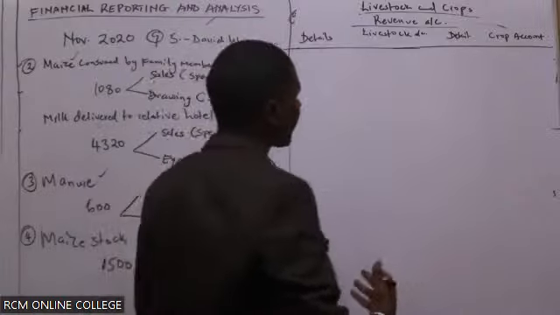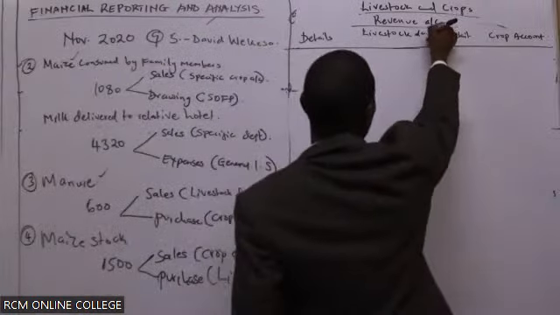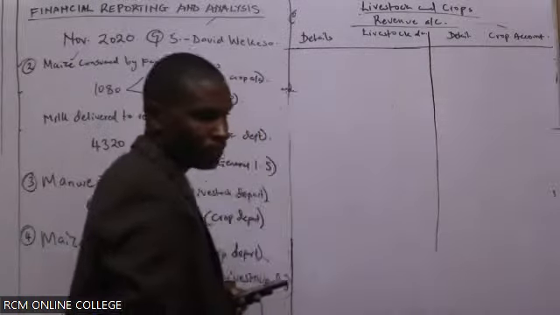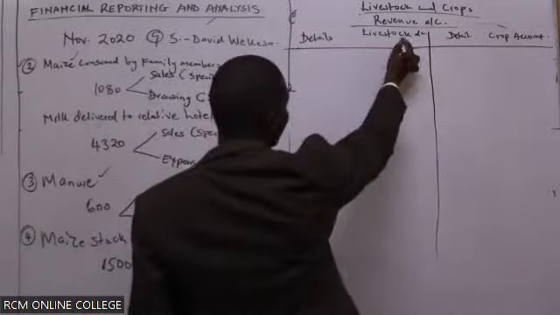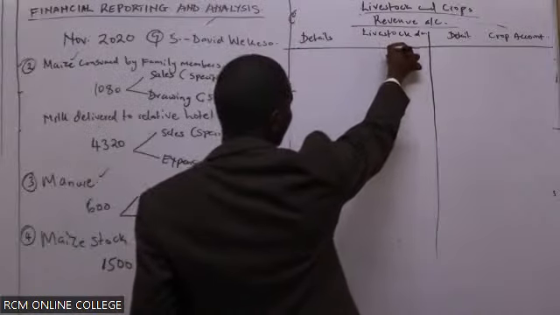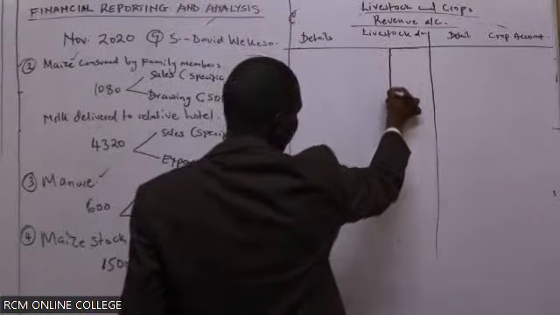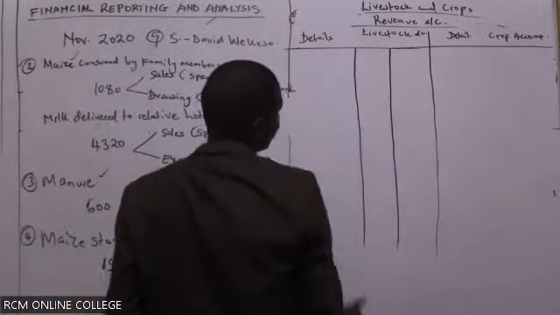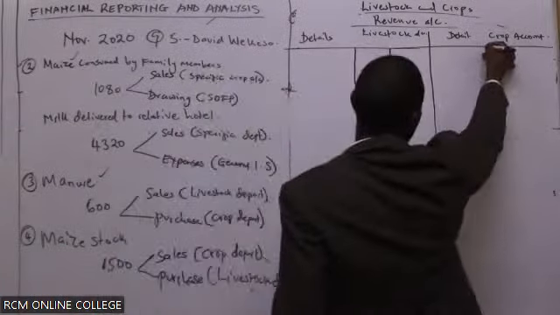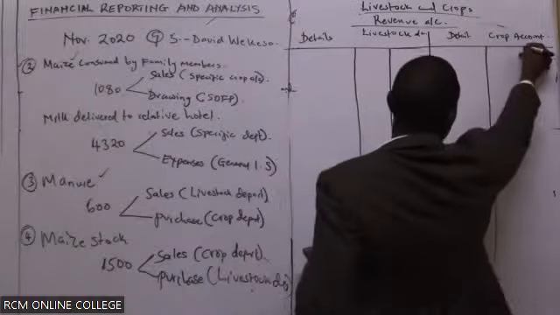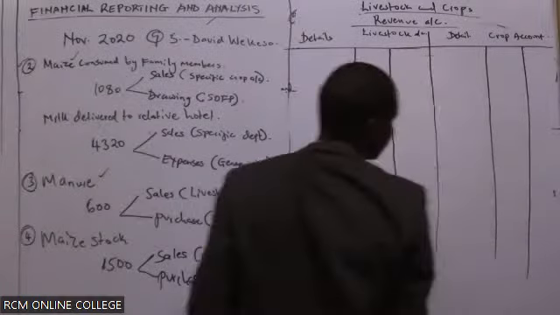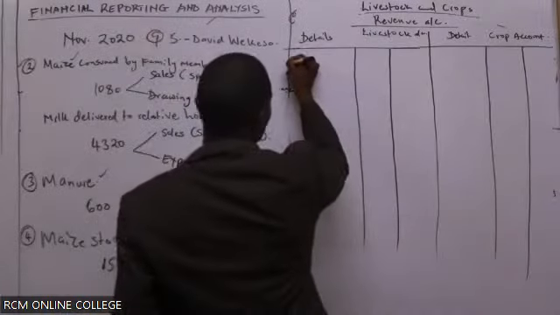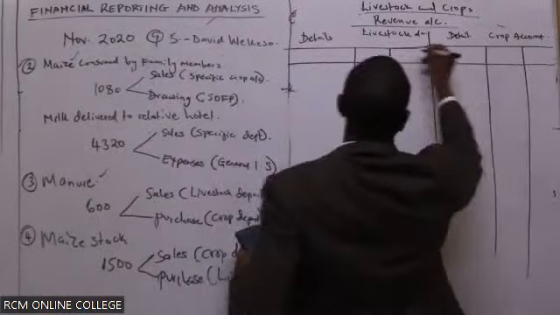So I want to have a demarcation there, so that when I deal with the livestock, I'm dealing with the livestock. I can have 2 columns here for that, and the same here. Each has debit and credit. My shillings here in 1,000.